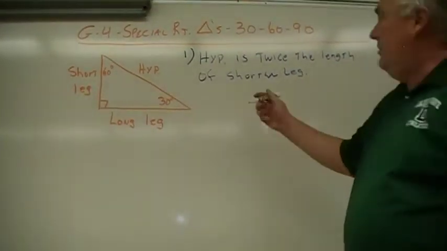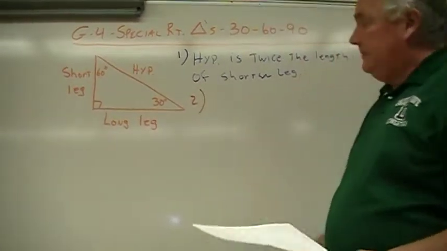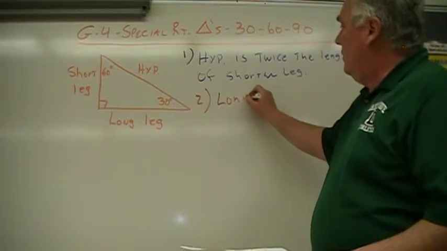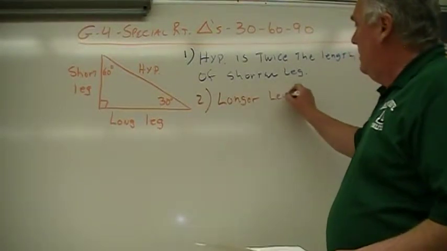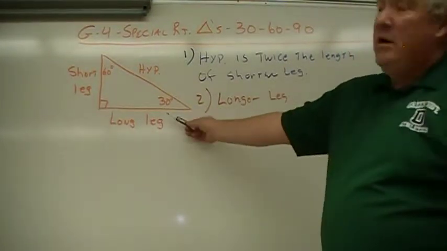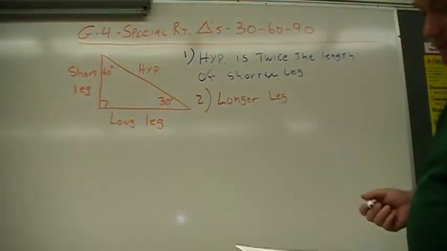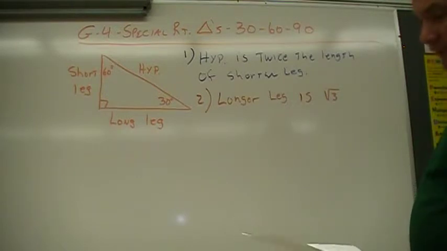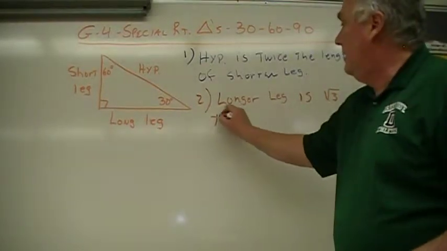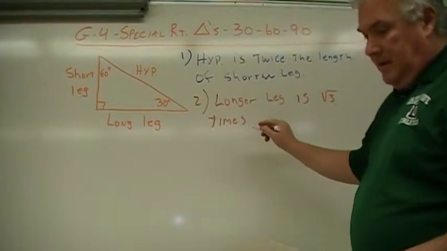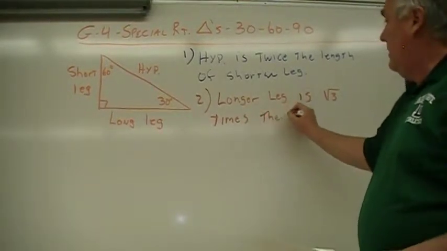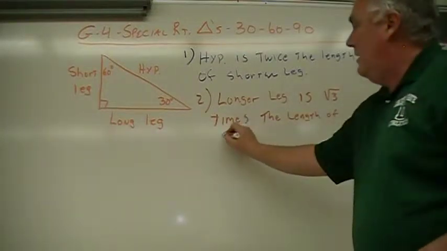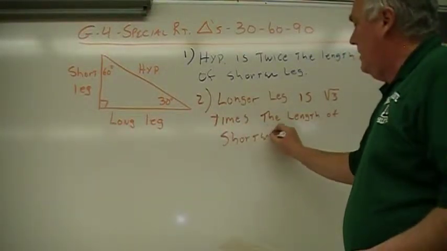Here's rule number two that we're going to want to know. Longer leg, the longer leg, the one opposite the 60 degrees, is square root of 3 times the length of the shorter leg.